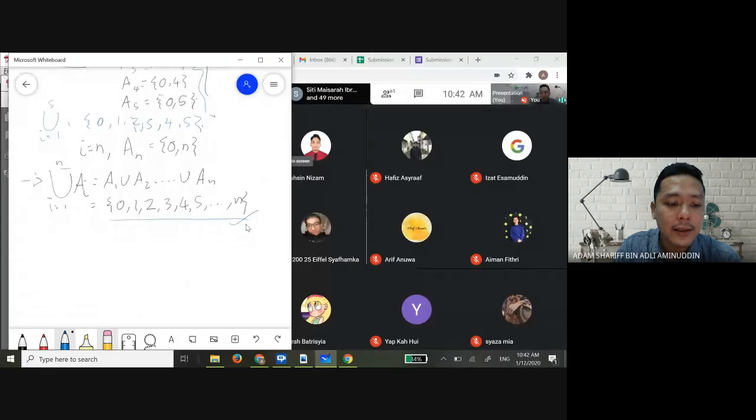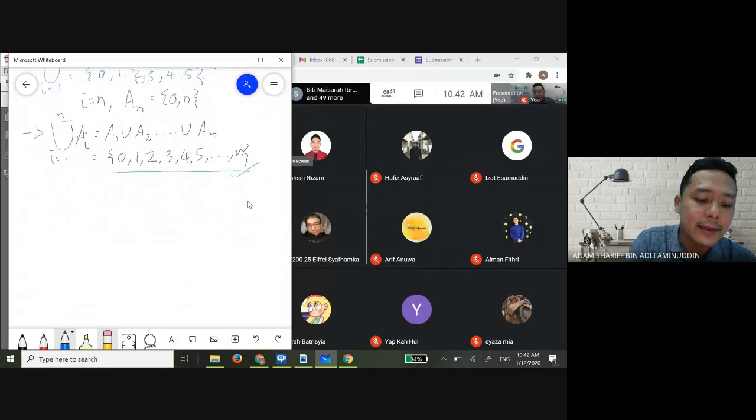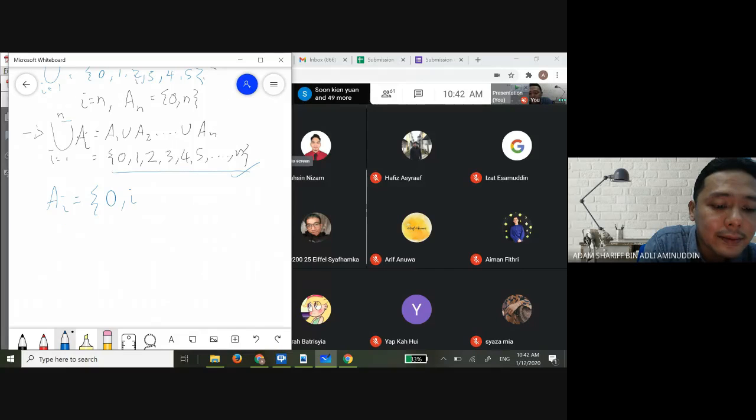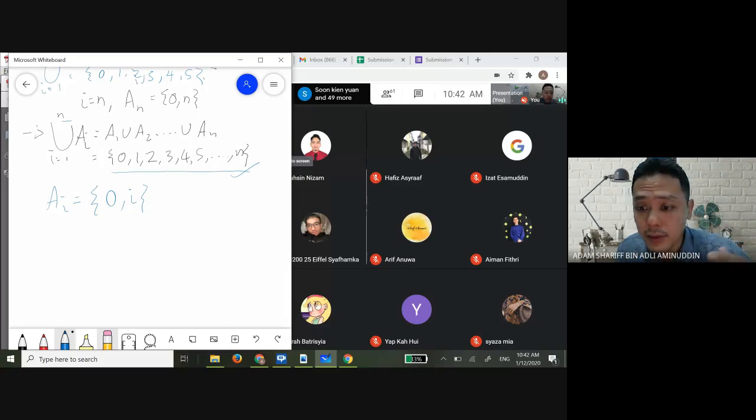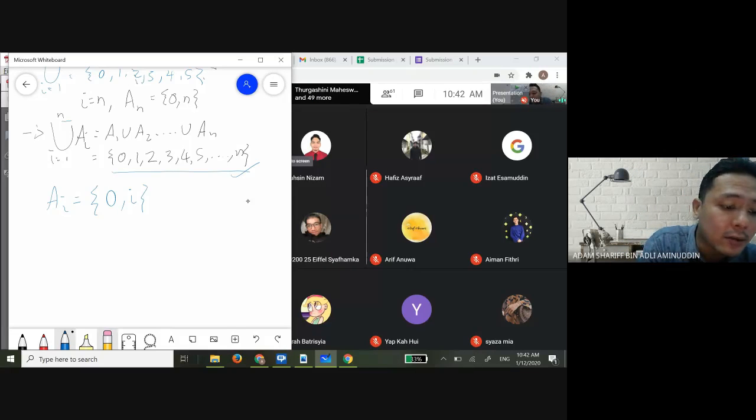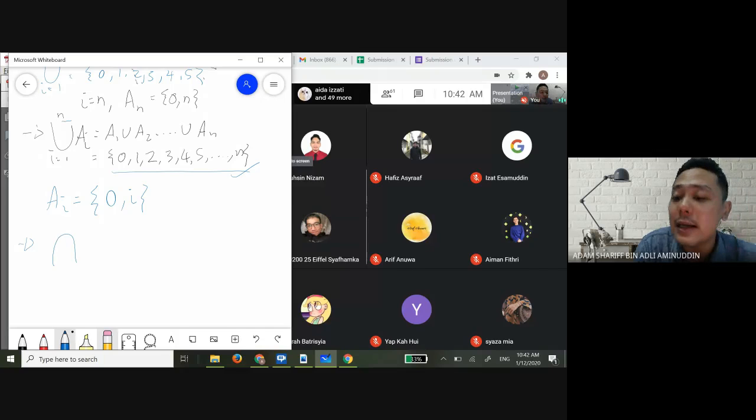Okay, why not I attempt you guys with the same set function yang sama, which is Ai equals to 0i. I want to test how you see this concept. Can you try to find to me what is the intersection this time from I equals to 1 up until 5?